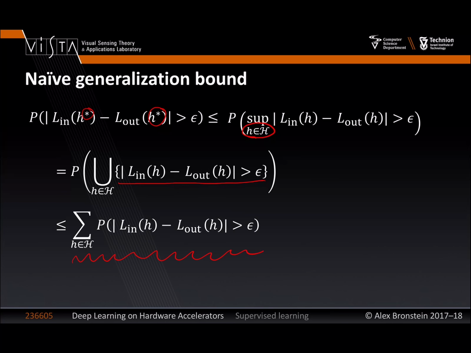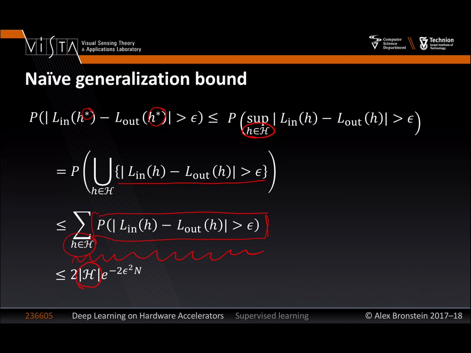Now, because I'm summing over all the hypotheses in H, let's just replace this by the cardinality, the size of H, times the Hoeffding inequality. This now falls under what we can analyze using the Hoeffding inequality, the tail inequality that we had before. We have a fixed hypothesis H, and we can quantify the certainty of this generalization gap.